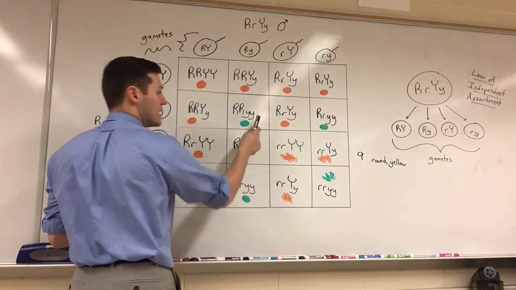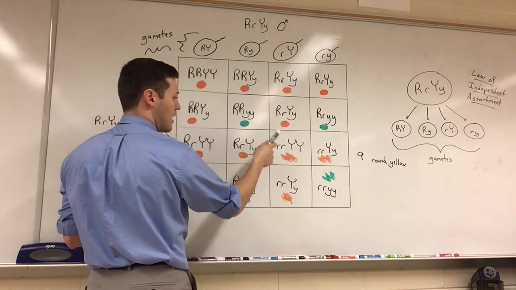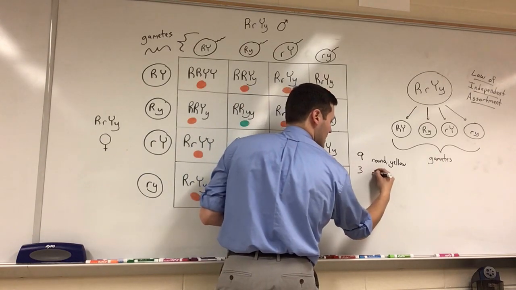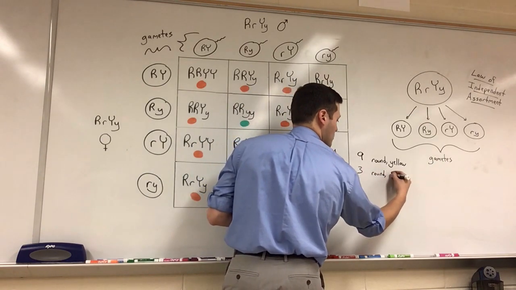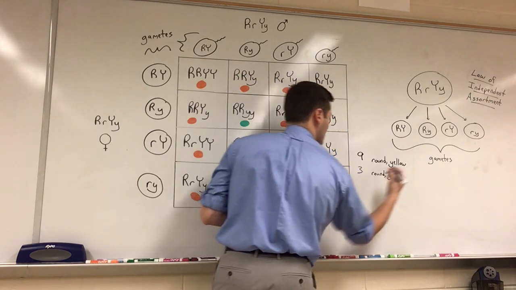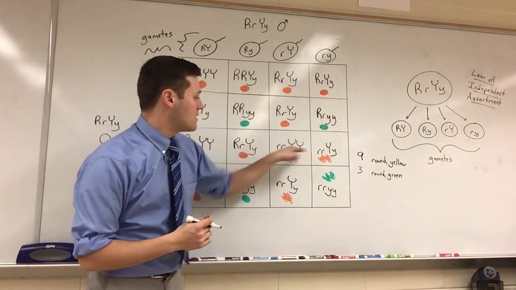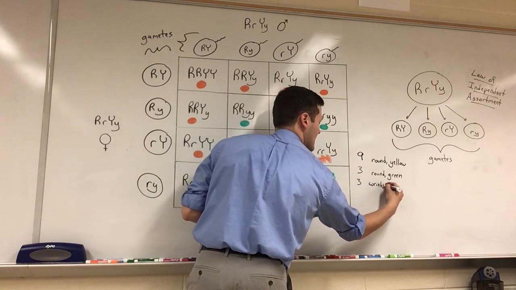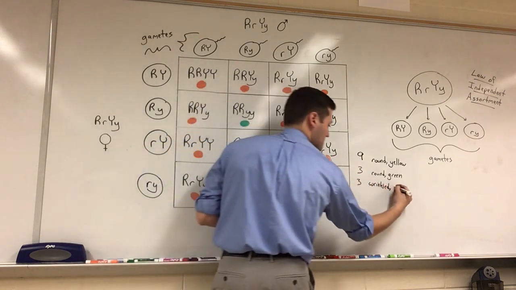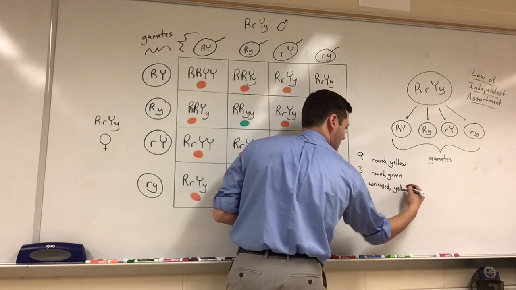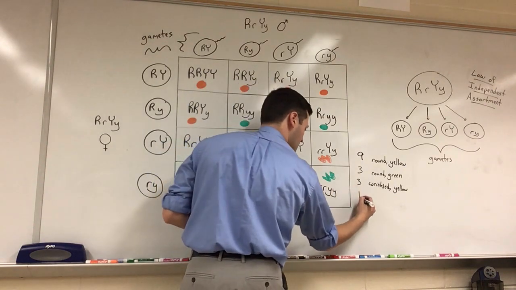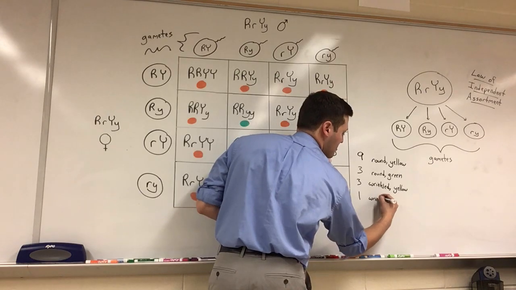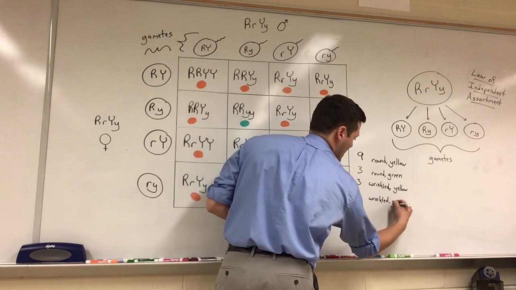We have 3 of the dominant round and recessive green. We also have 3 of the recessive wrinkled and the dominant yellow. And then we have 1 of the wrinkled and green, where both traits are recessive.